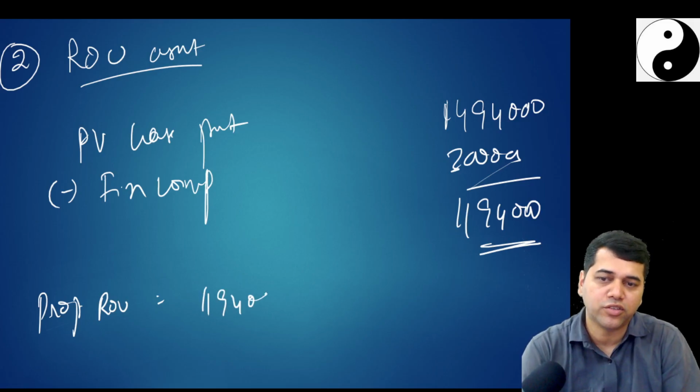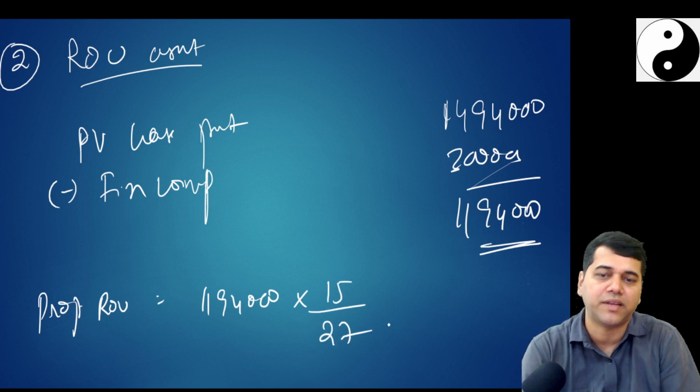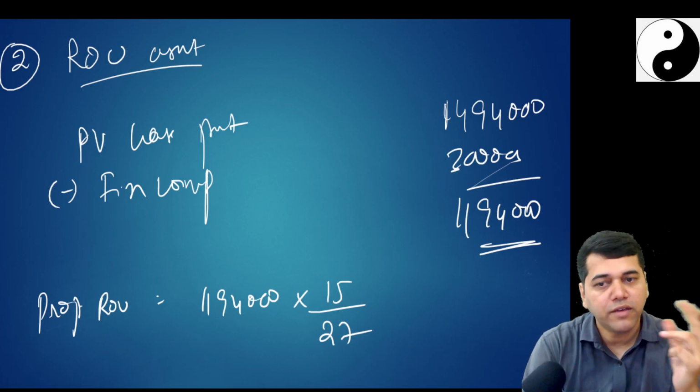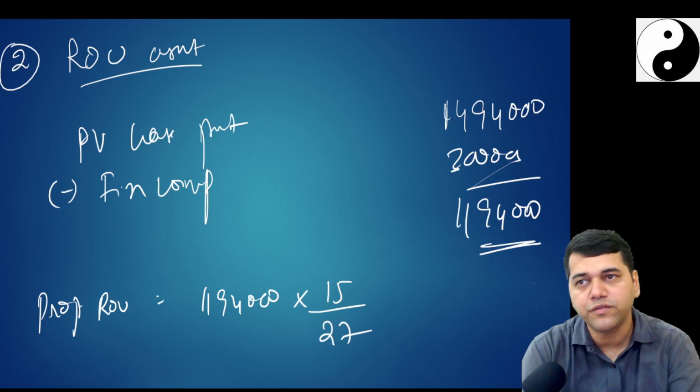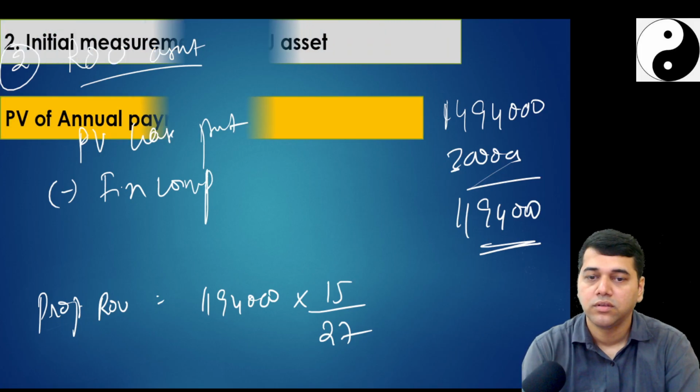11 lakh 94,000 into book value 15 lakh divided by 27 lakhs. When the fair value was 27, ROU is 11 lakh 94. For the book value 15, what is your ROU? Because this is going to change your P&L now. Are you clear?